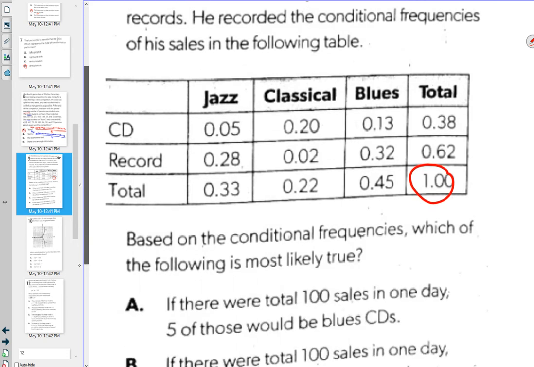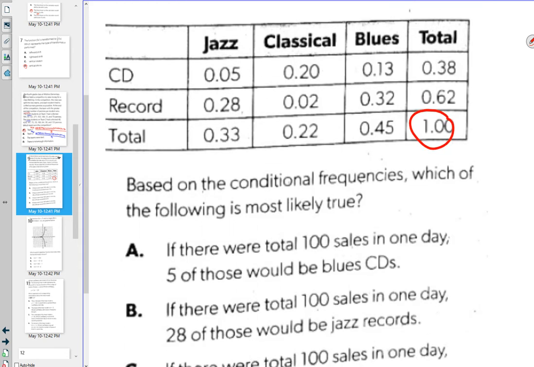So based on these conditional frequencies, which of the following is most likely true? If there were 100 sales in one day, 5 of those would be for blues CDs. Okay, so if there were 100 sales, that would mean that each sale would be like a percent, because we add it to 100%. How many blues CDs were sold?